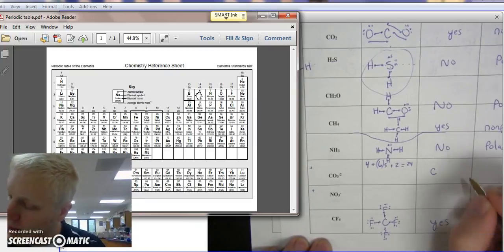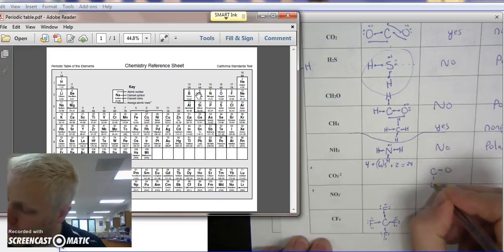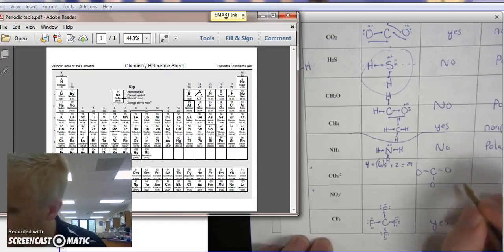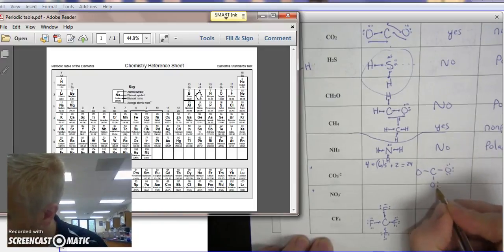So we're going to start with carbon in the center because it's in least supply, and we're going to have at least one bond to each oxygen.